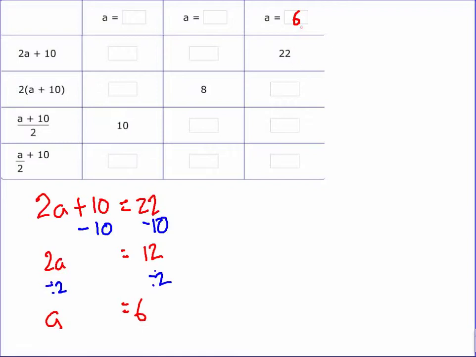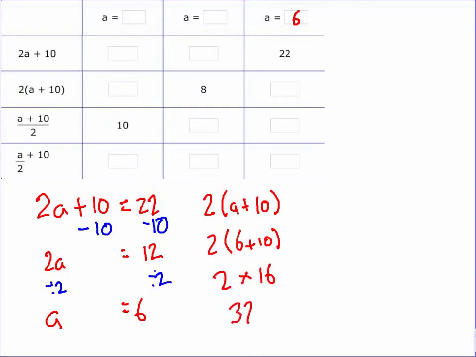For the rest of this column I can just plug A equals 6 into it. So for the next one I have 2A plus 10, and so that's 2 open brackets 6, because A equals 6 in that first column, plus 10, which is 2 times 16, which is 32. Then I have A plus 10 over 2. Because that line goes the whole way across, I have to work out all of the top part first.